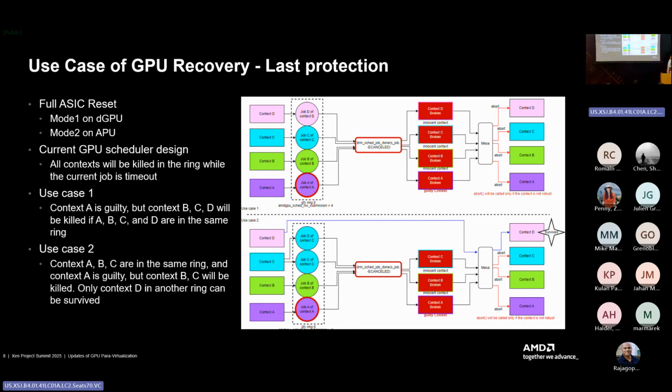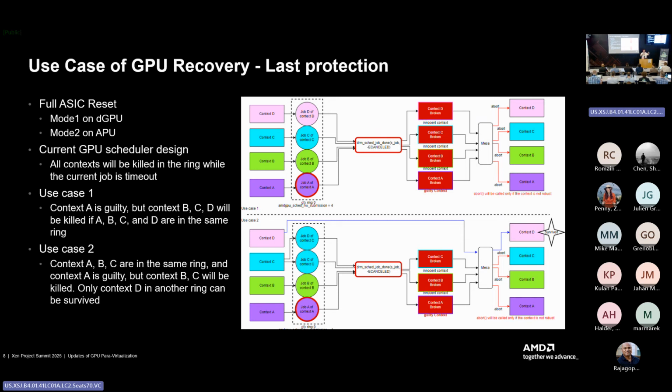user space handling for the ASIC reset, like the mode 1 reset in the discrete GPU and the mode 2 reset in the APU. Mode 1 and mode 2 reset have a bit of difference. For the dGPU, we only trigger it from the PCIe, because the discrete GPU is on the PCIe bus. But in an APU system, the iGPU is not connected to the PCIe directly.